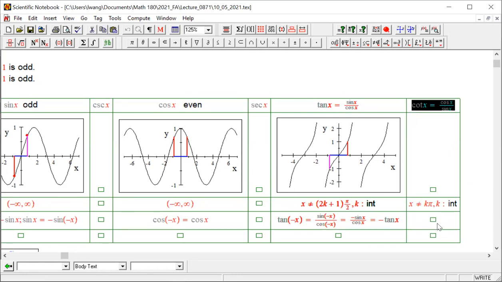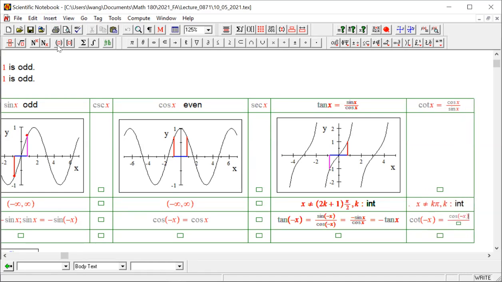Cotangent, in terms of even odd: you just have to start with cotangent of negative x, which equals cosine of negative x over sine of negative x.